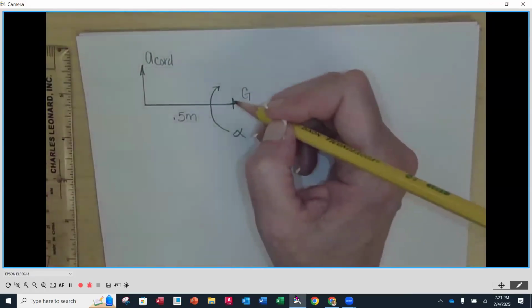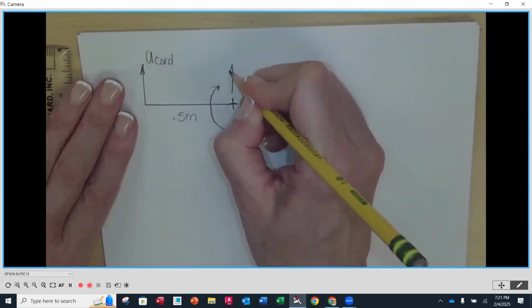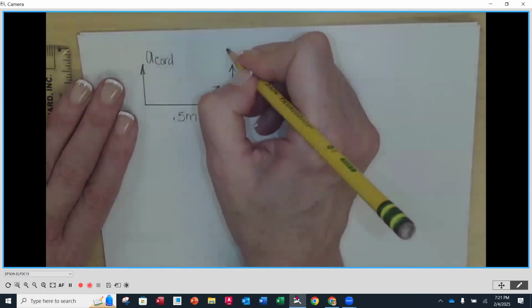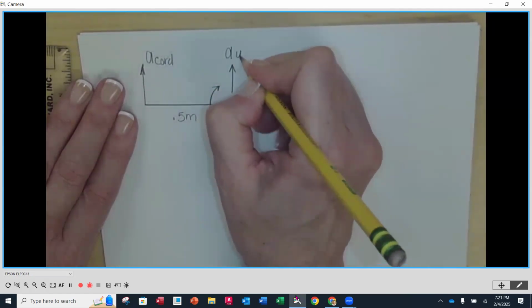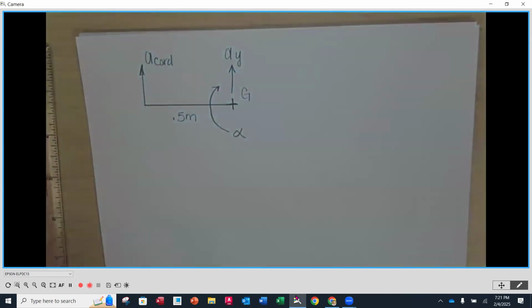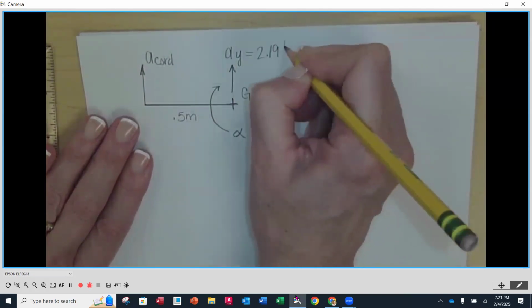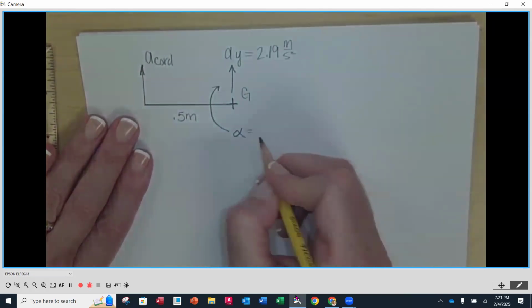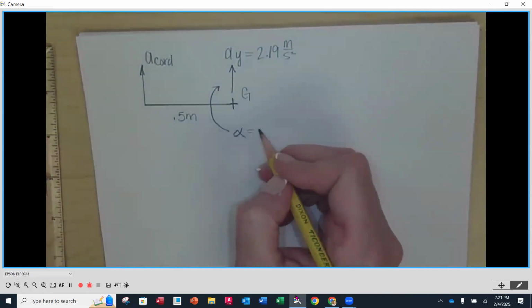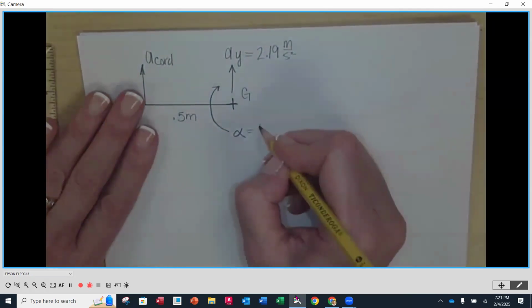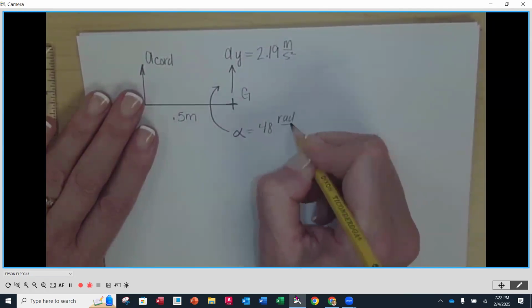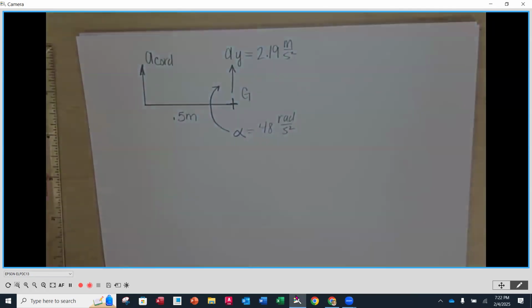We also have a y-directed acceleration on G, a sub y, and this value we know to be 2.19 meters per second squared. The angular acceleration we know to be 48 radians per second squared. And now we need to find the acceleration of that chord then.